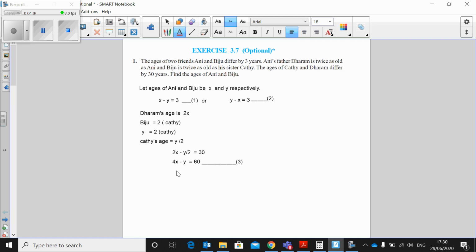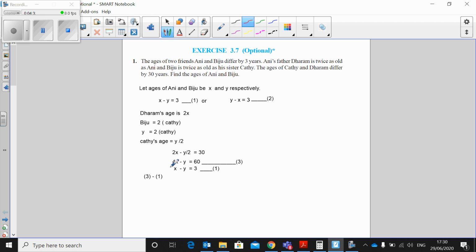Let us try to solve equations 1 and 3: x minus y equal to 3 and 4x minus y equal to 60. How can we solve? Can we use the elimination method? This is equation number 1. Let us subtract equation 1 from equation 3. When we are subtracting, we have to change the sign of the second equation.